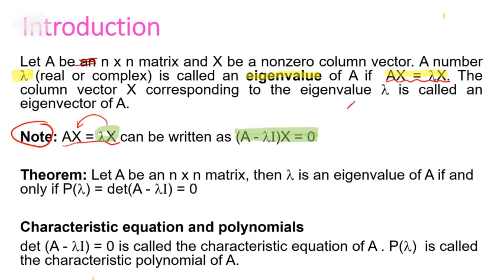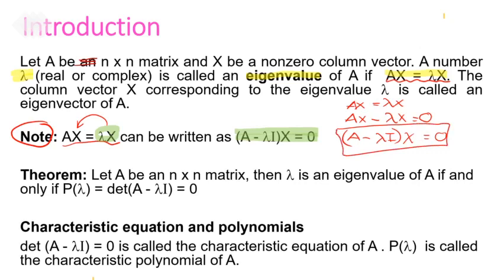AX equals lambda X, so AX minus lambda X equals 0. We factorize, so A minus lambda identity times X equals 0.